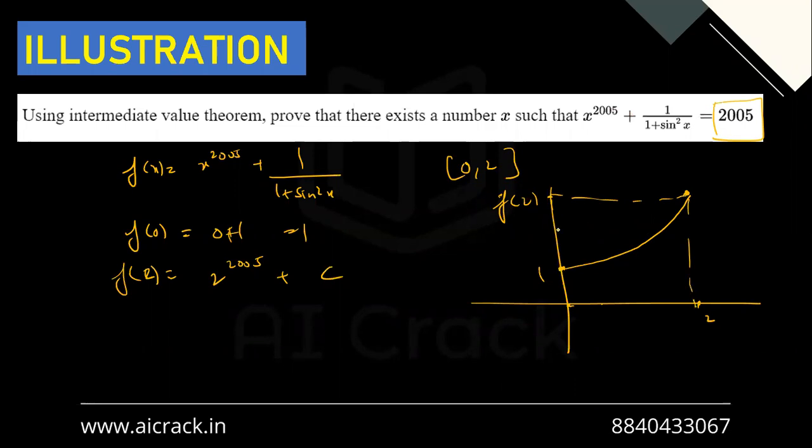Now I can clearly see that this is the value 2005 over here, and the function is definitely going to intersect it at some point, and that point would probably be between 1 and 2, because we also know that f(1) is lesser than 2005. So to be more precise, the value would be in between 1 and 2.